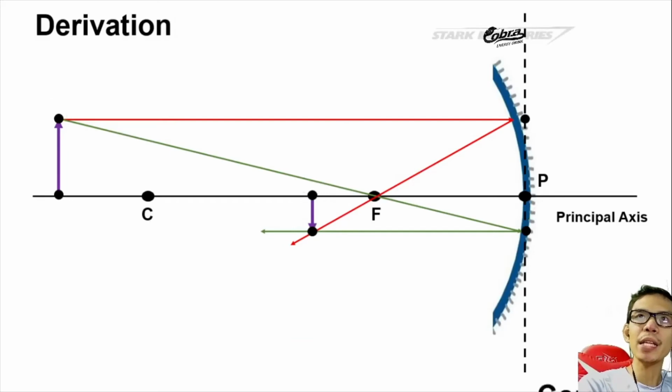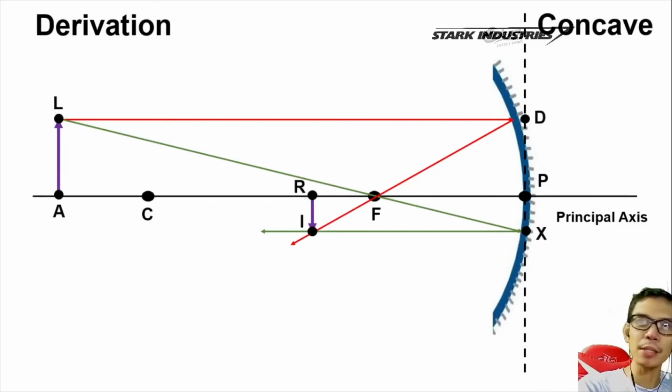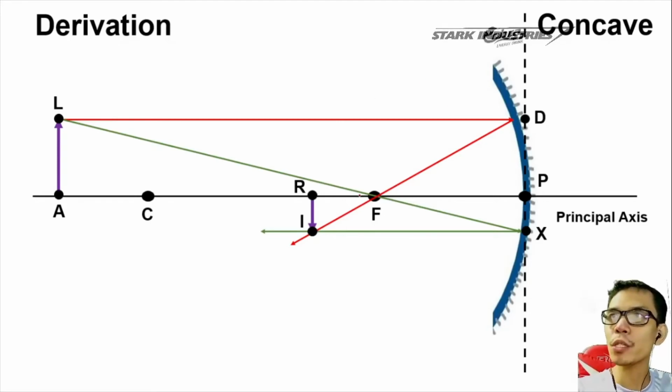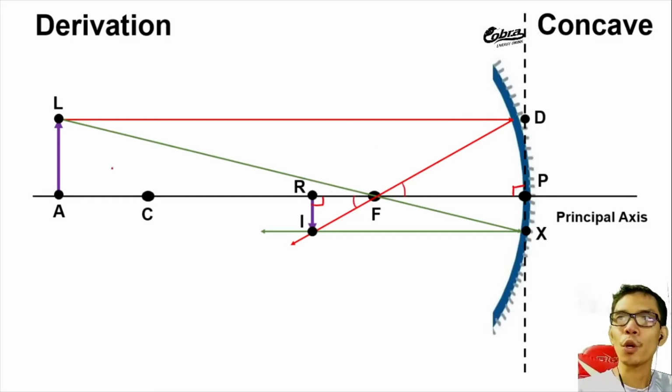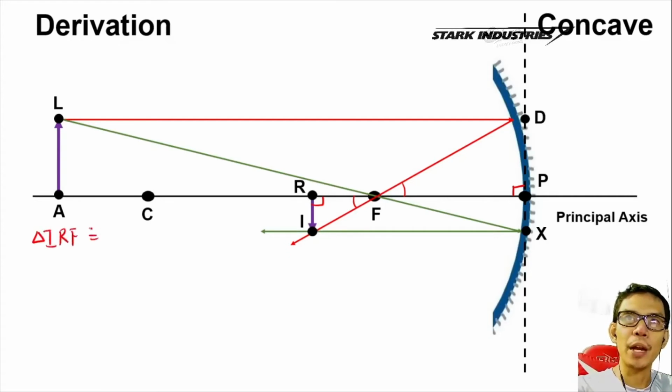For the second equation, let's put again some points. Let's find more similar triangles that we have right here. We can use these triangles over here: triangle IRF, similar to triangle DPF.